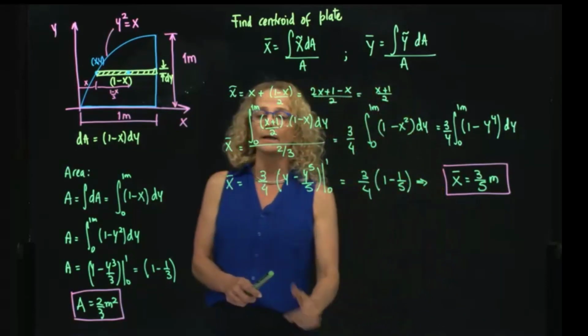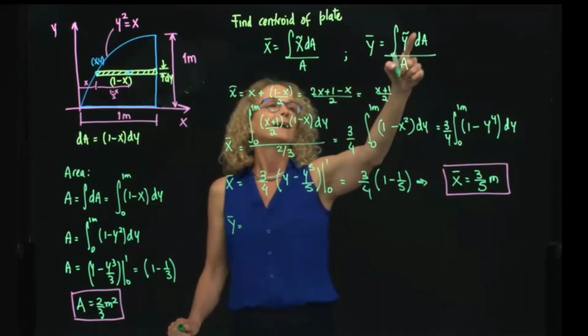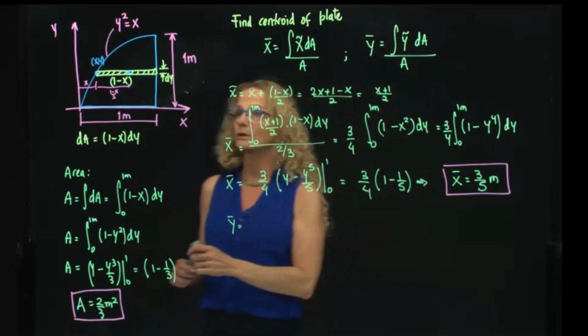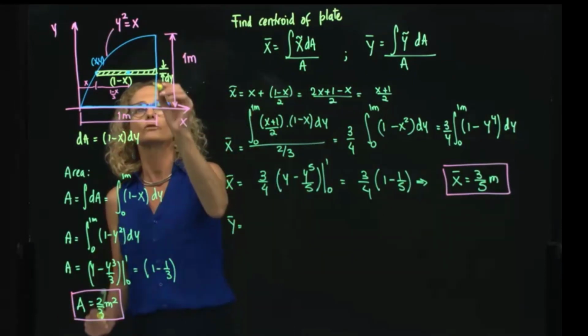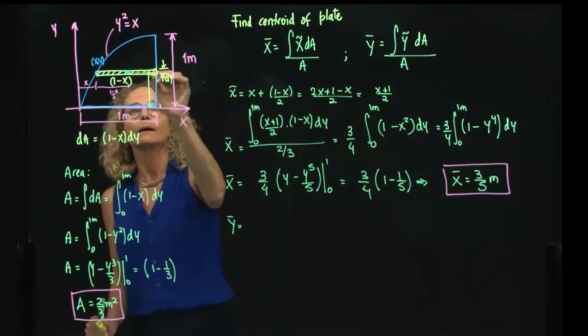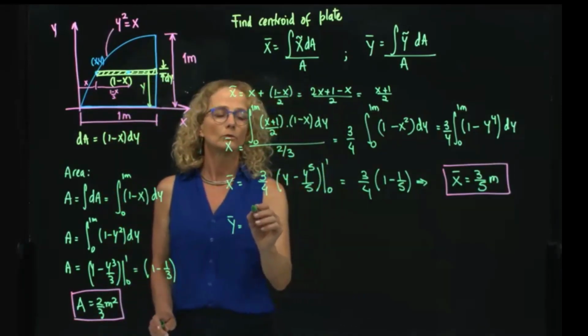Now we do the y-axis. y bar will be equal to the centroid of my differential of area, and as you see, the centroid of the differential of area is located right here, right? So it's located at y. So it's much easier, I don't have to do anything.